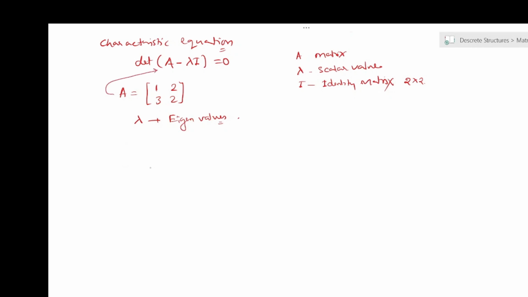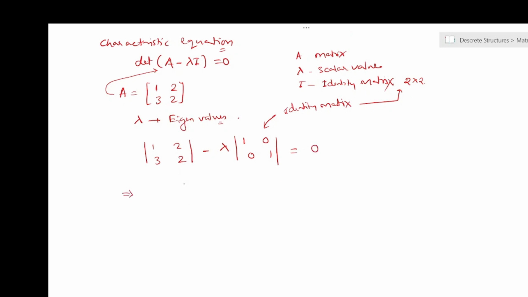So we have [1, 2; 3, 2] minus lambda into [1, 0; 0, 1]. Just look at this, this is the identity matrix of order 2 cross 2, and this is equal to 0.